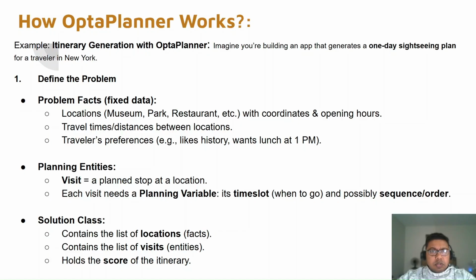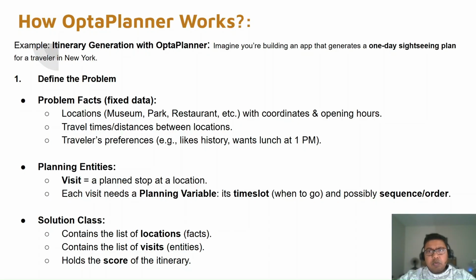How? We have to provide problem facts like locations, what all places the visitor needs to visit, like museum, park, restaurant, etc., with coordinates and opening hours, so that we can understand the distance from one location to another location.